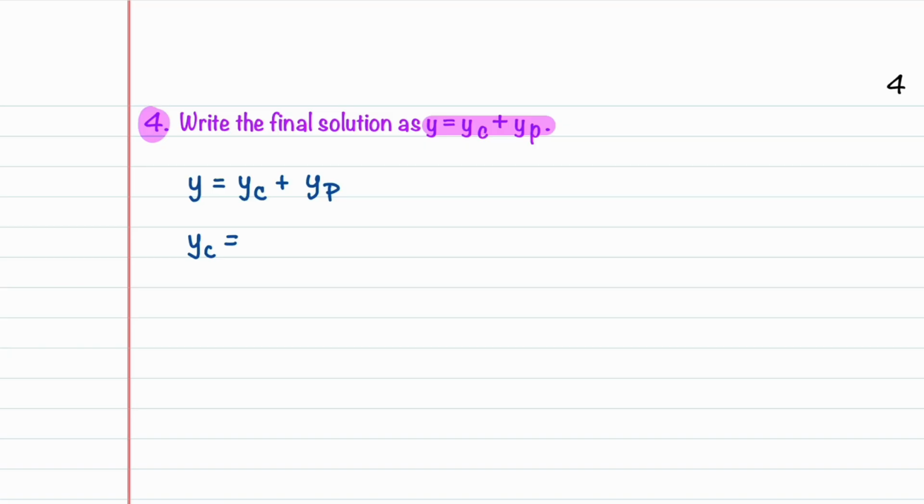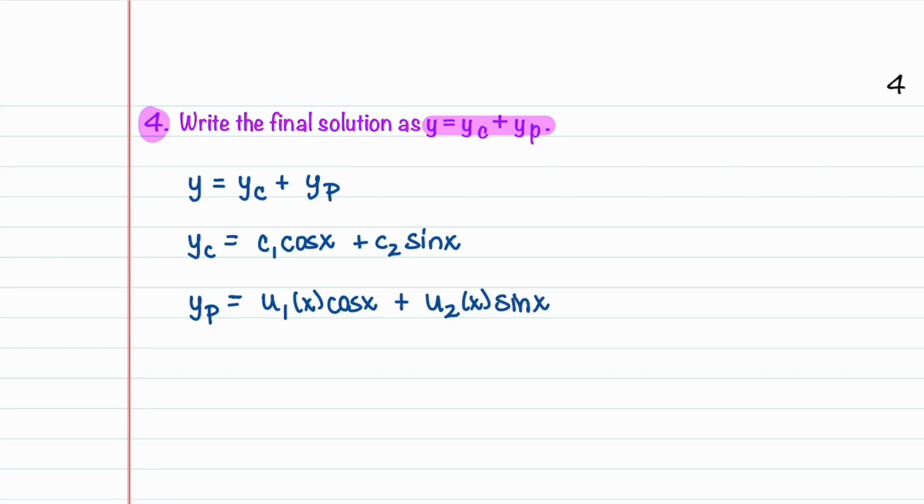We found that y_c was C1 cosine x plus C2 sine x. And now let's write down y_p. y_p was u1 of x cosine x plus u2 of x times sine x.